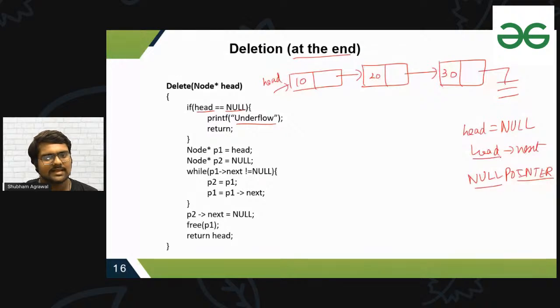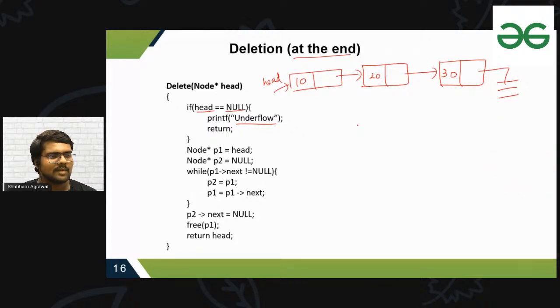We have to be very careful about it, because if we don't specify these base conditions, our program might get some error in between, and we don't want that. So that's why we have to check for these conditions.